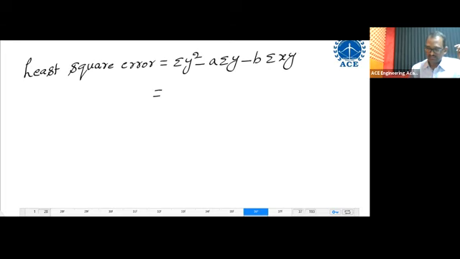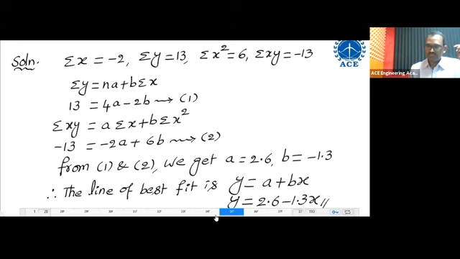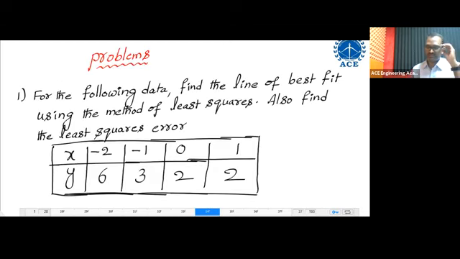So sigma y square. Please tell me the value of sigma y square also. Sum of the squares of y values: 36, 9, 4, 4, 45, 49, 53.